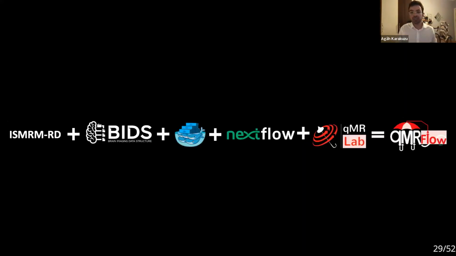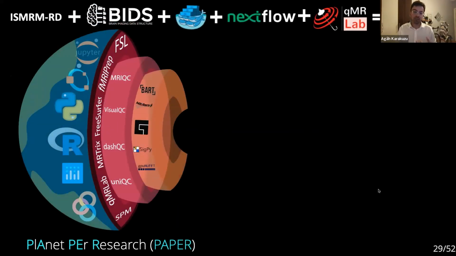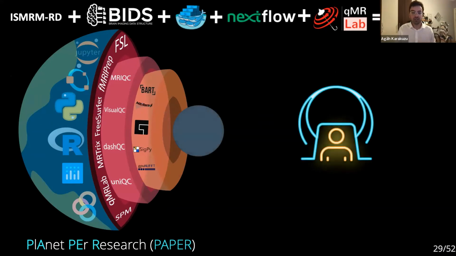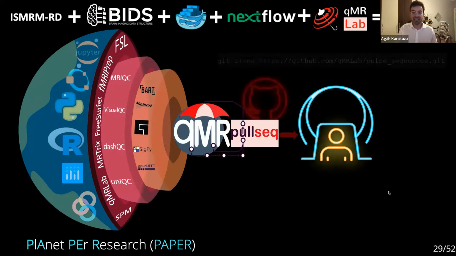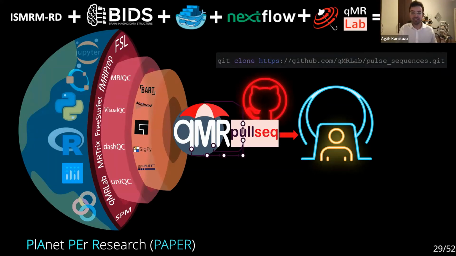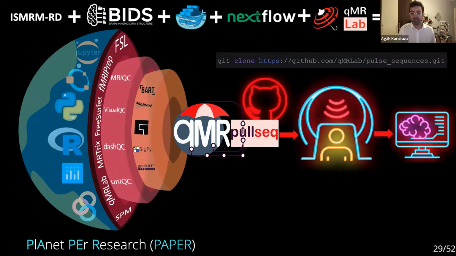So this is a simple summary of what qMR Flow is. But up to this point, the core layer of a paper was hidden in the background, which is data acquisition. And to make this layer transparent and to standardize quantitative MRI acquisitions, we developed qMR PulseSeq, which are MRI pulse sequences that you can download from GitHub to your GE or Siemens scanners and run them to acquire your experimental data.